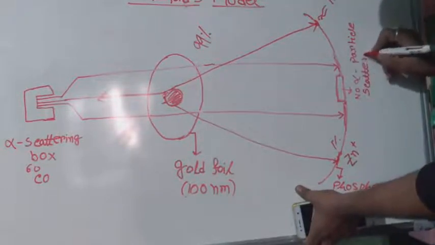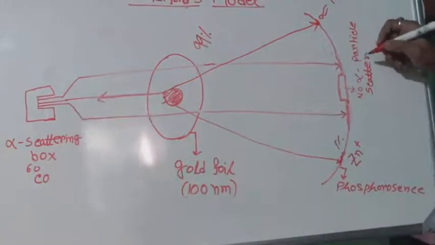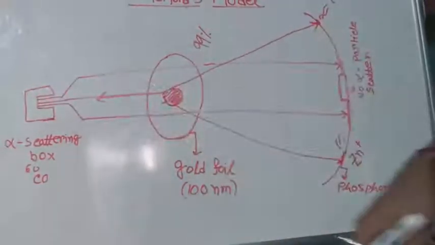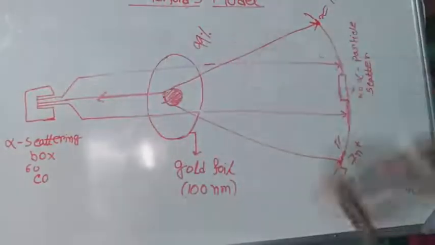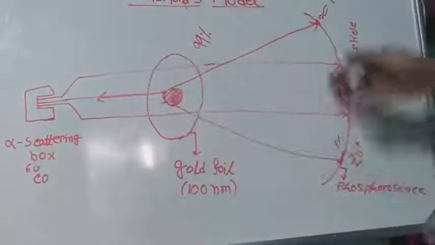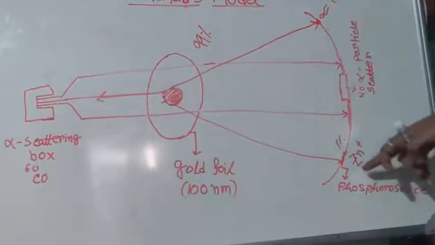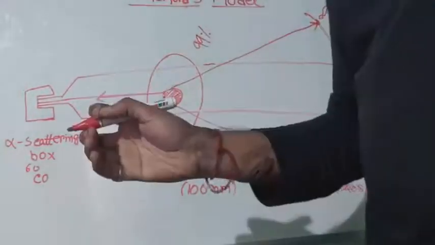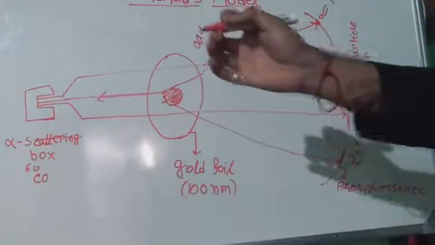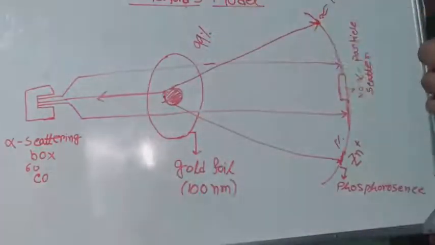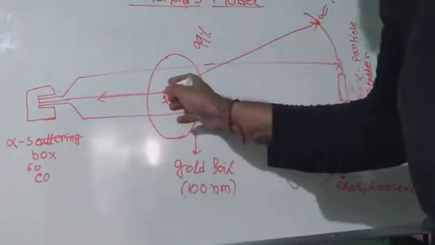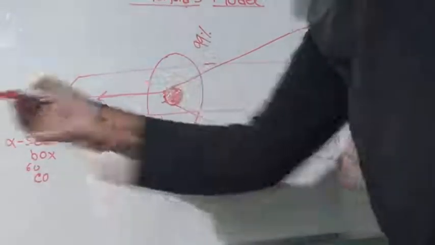What is the reason? Because a few alpha particles, less than 1% or 0.01% of alpha particles, can hit the nucleus and bounce back.